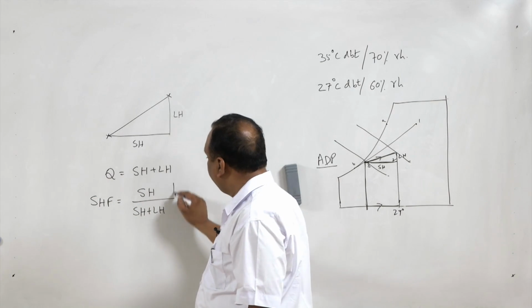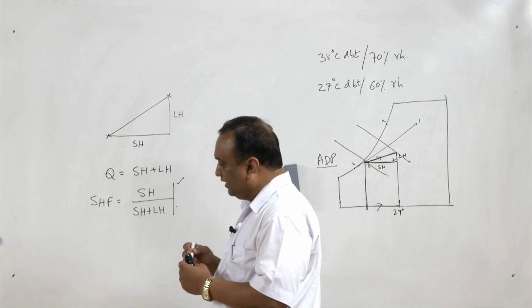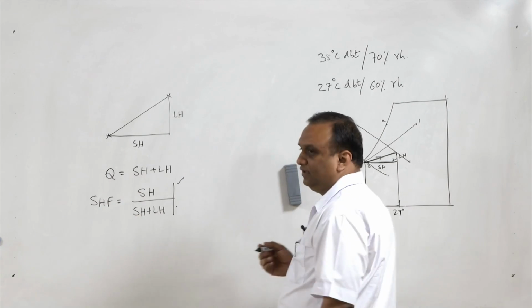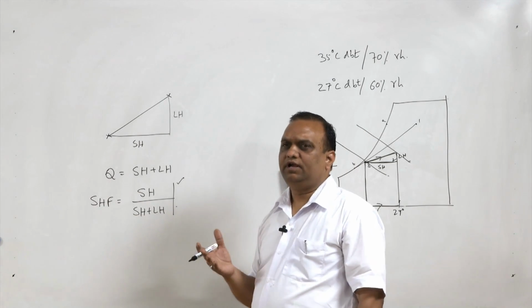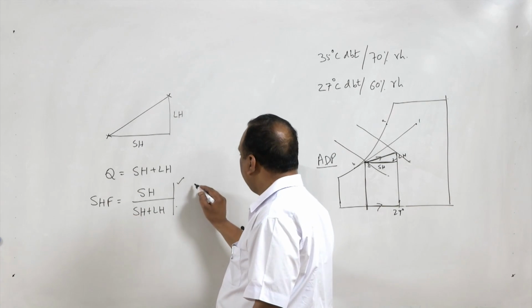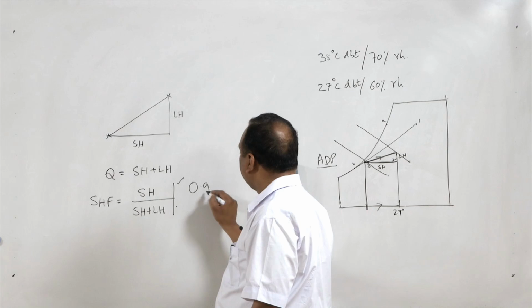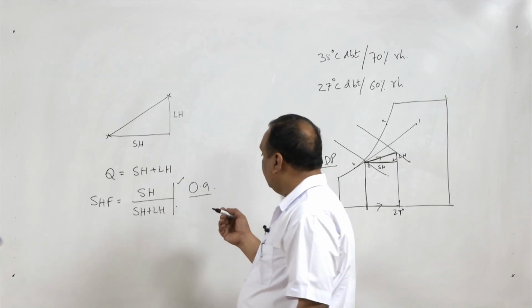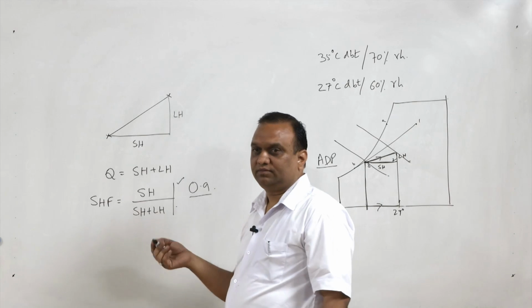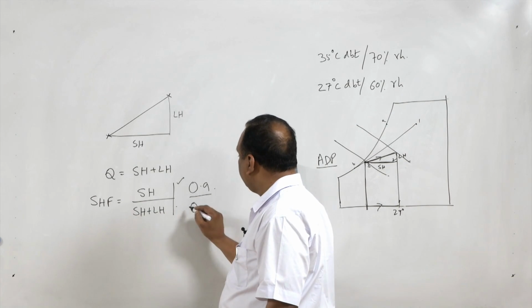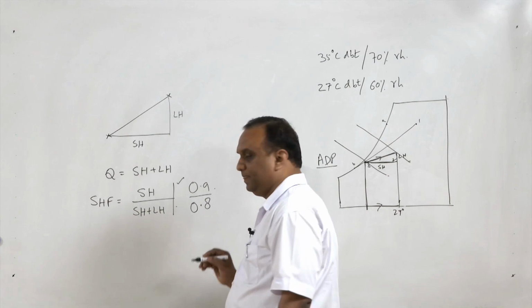So, sensible heat factor gives an idea about the nature of the load. For example, where latent heat load is minimum, such as a residential house, the sensible heat factor may be 0.9 or greater than 0.9. In a restaurant, because a lot of cooking is there, the sensible heat factor may be, let us say, 0.8.